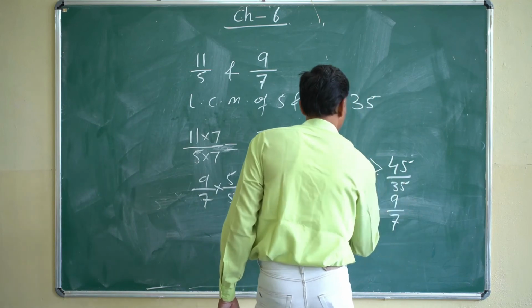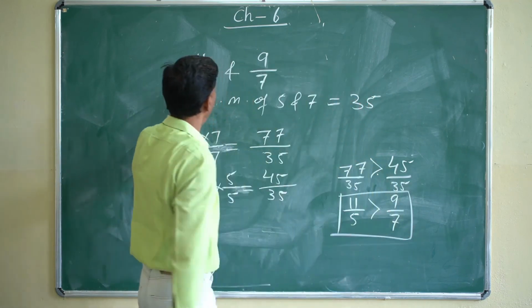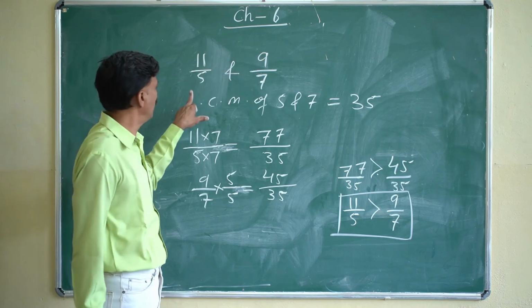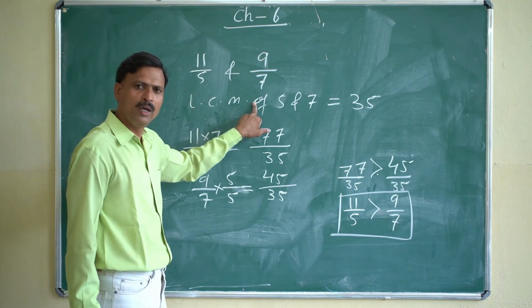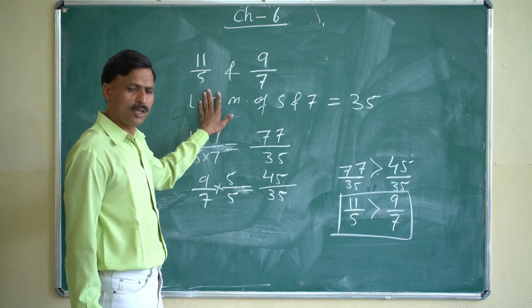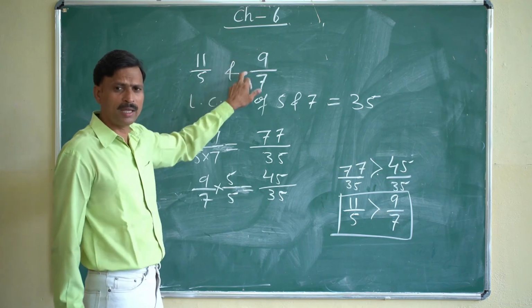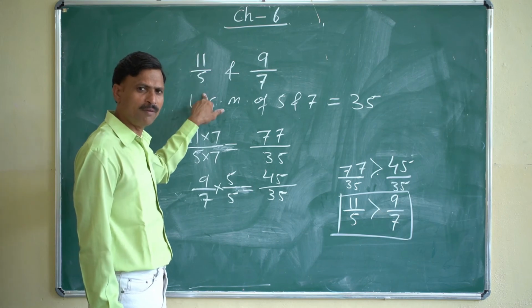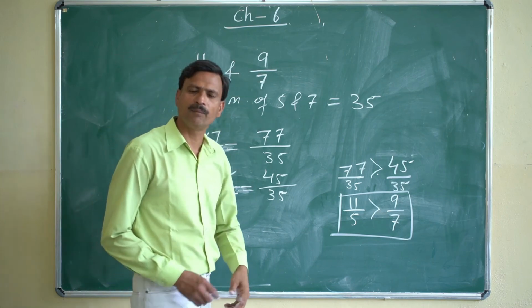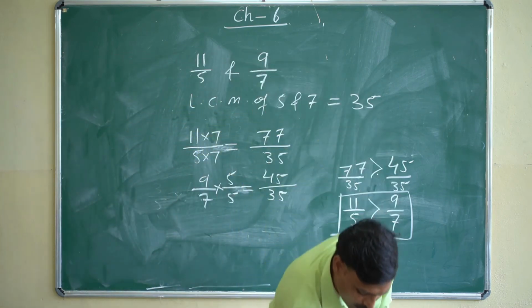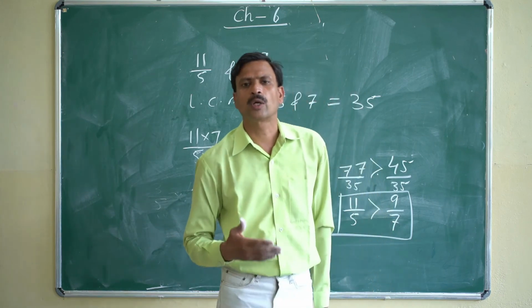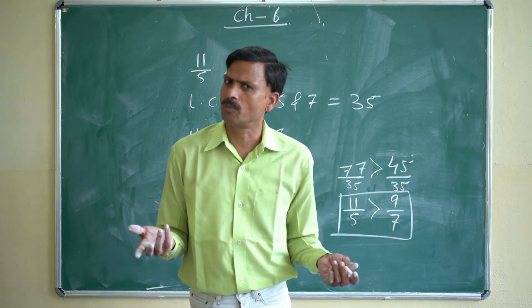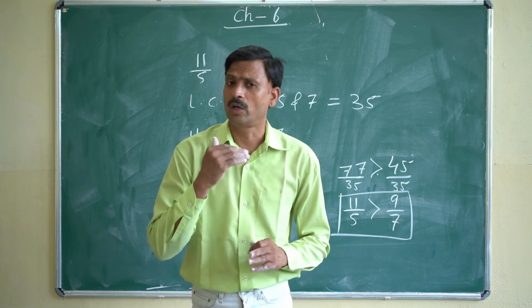So we are able to compare now these two given fractions, 11 by 5 and 9 by 7, which is greater and which is smaller. So we can say now that 9 by 7 is smaller than 11 by 5, or 11 by 5 is greater than 9 by 7. So like this, if you have two given fractions, you can find out which is greater and which is smaller. It's not necessary only for two.